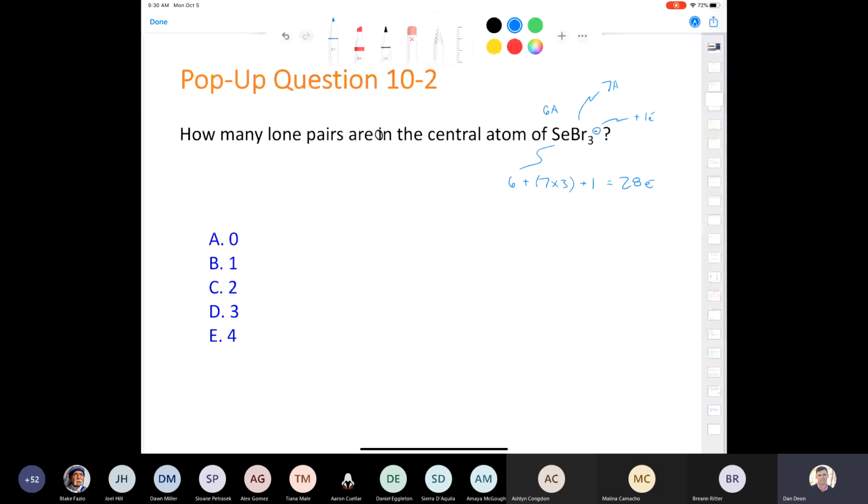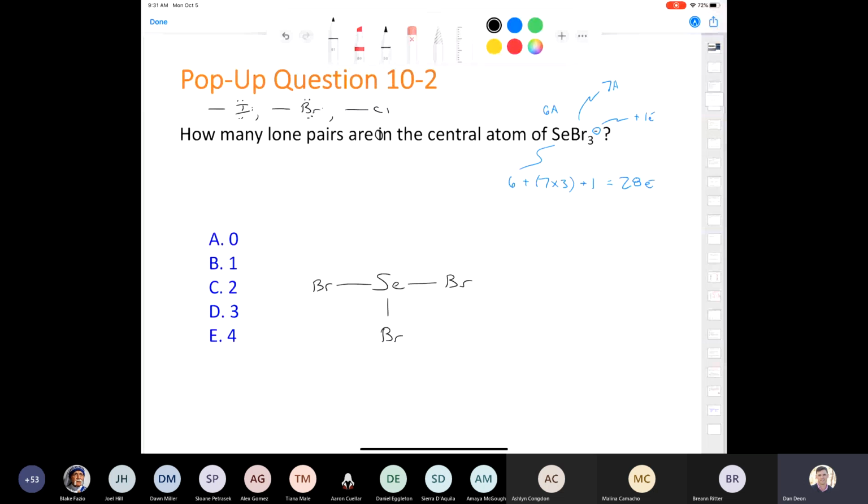Now, since we have SeBr3, there are 3 bromines, that tells us that our selenium is going to be in the center and that the bromines will be on the periphery. So we're going to draw our selenium, draw 3 bonds, and put 1 bromine on the end of all of those. Usually, not always, there are exceptions, but usually when you have iodine, bromine, or chlorine, those atoms will almost always have 1 bond and 3 lone pairs.